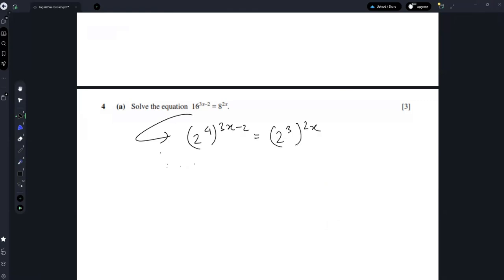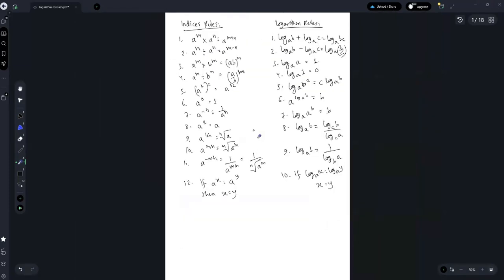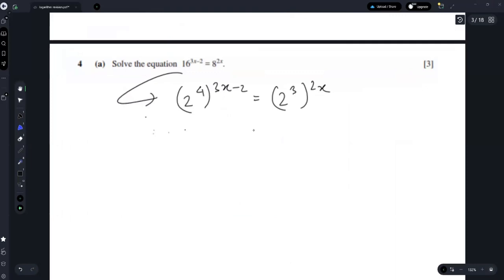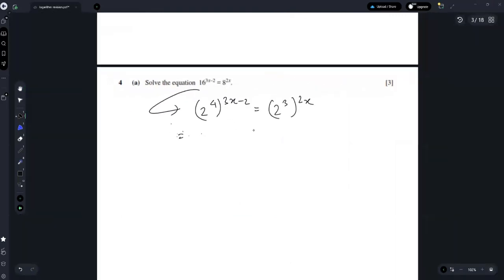The trick behind it is that we want to keep the base right here the same as possible. If the base is the same, we can go back to the earlier rule, which is this one right here: if a to the power x equals a to the power y, then x equals y. So therefore, we get 2 to the power 12x minus 8 equals 2 to the power 6x.